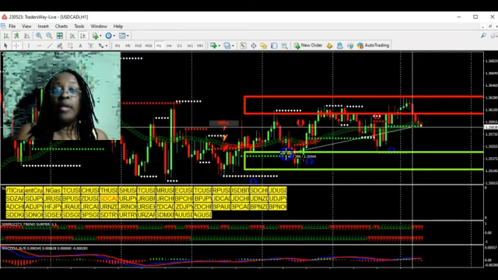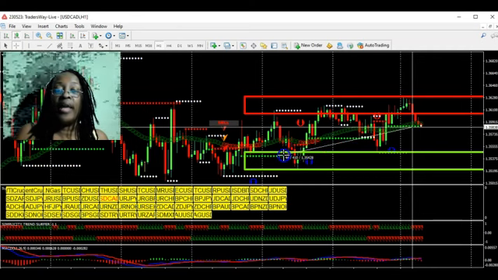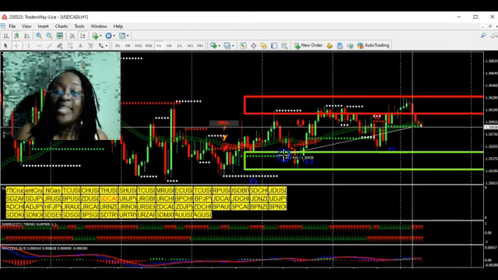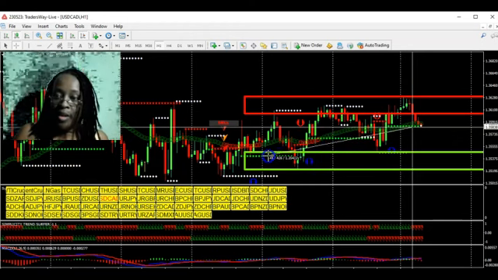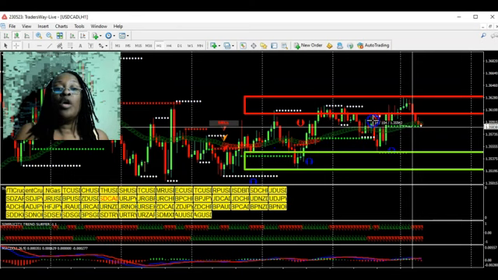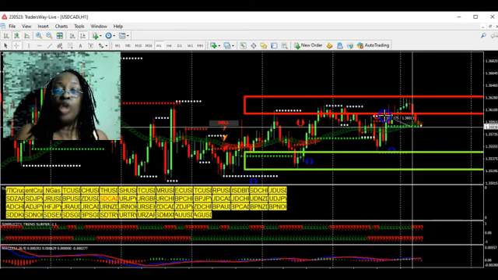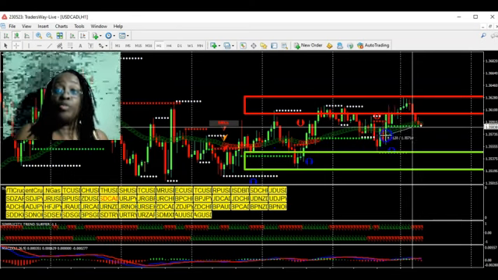Where's the next one? The next support level on the Simplicity system is right here, right? Inside of the demand zone, which is 41 pips. So this is where you can potentially take this trade to, because what price does from zone to zone, that's what it does. It travels from zone to zone.